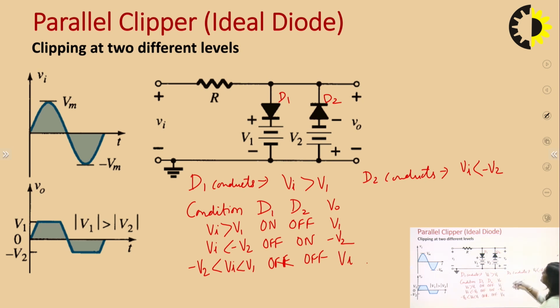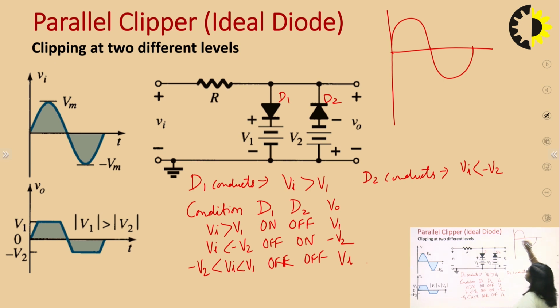Now we have to draw the waveform. This is our input waveform. We will draw a threshold line of V1 here and a threshold line of V2 here. Now we will draw the perpendicular from these points.